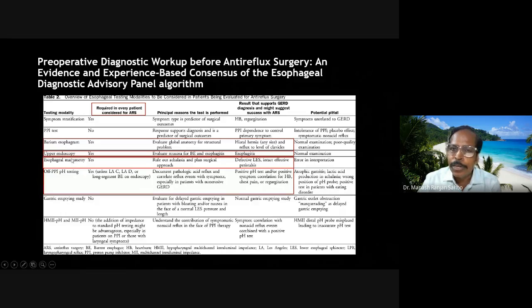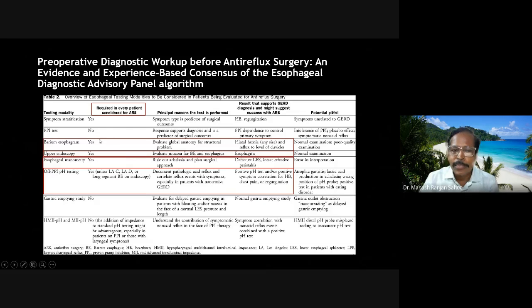So if you have an esophageal lab attached to your hospital, that's probably a boon in reviewing patients who are referred for anti-reflux surgery by all these 4 tests. These 4 investigations, barium esophagogram, OGD, esophageal manometry, and 24-hour pH testing, are required in every patient considered for anti-reflux surgery.